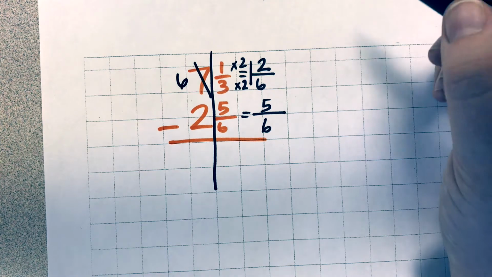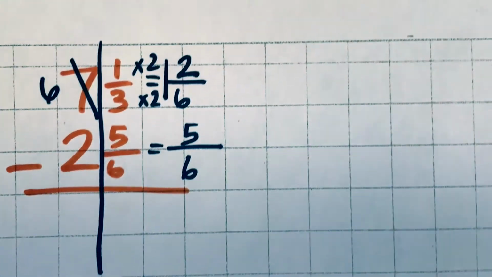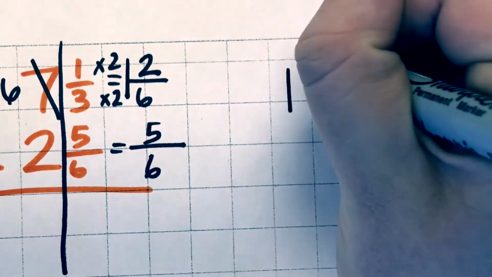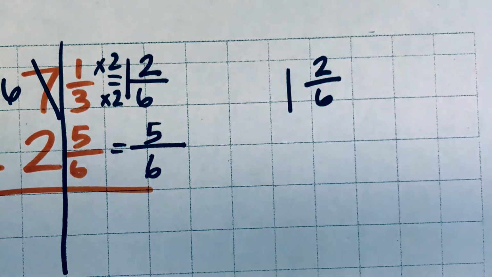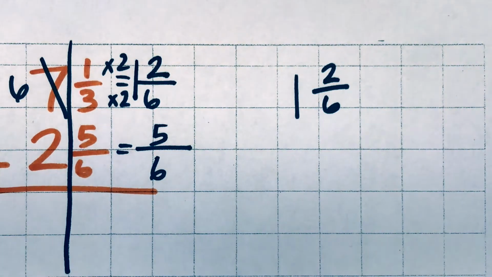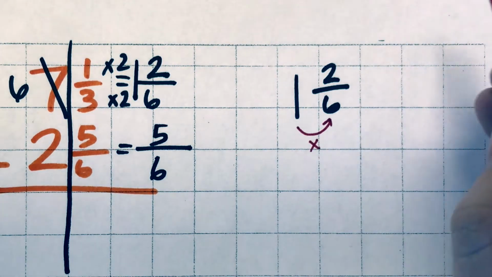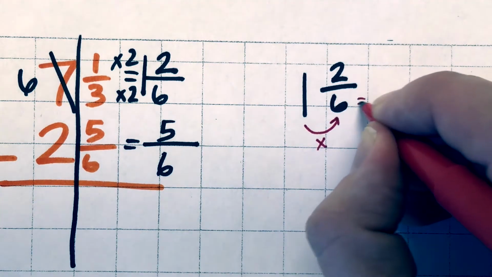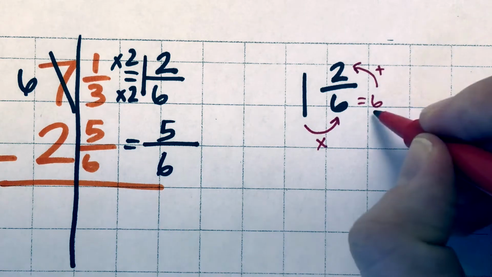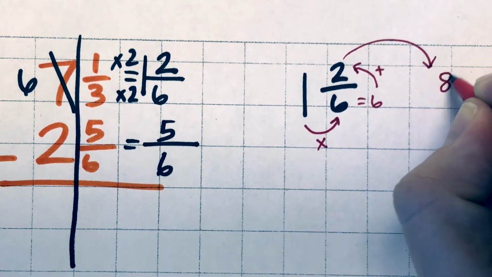Now I'm going to show you a little bit closer. I'm going to zoom in on how I'm turning the 1 and 2/6 into an improper fraction. All you have to do is multiply across the bottom: 1 times 6 equals 6, and then we add that numerator, so 6 plus 2 is 8.